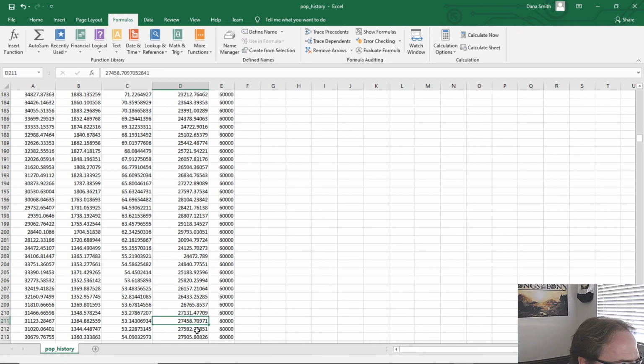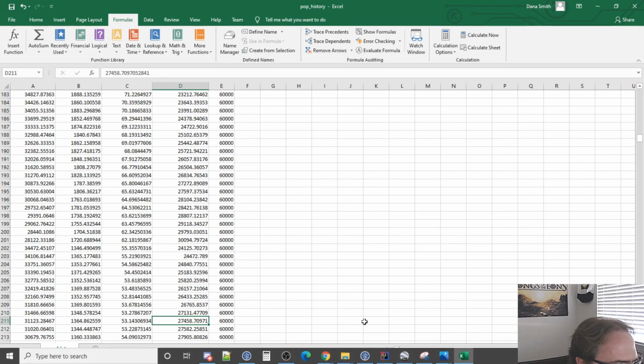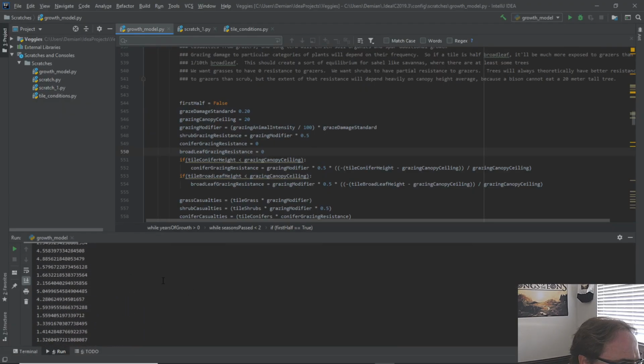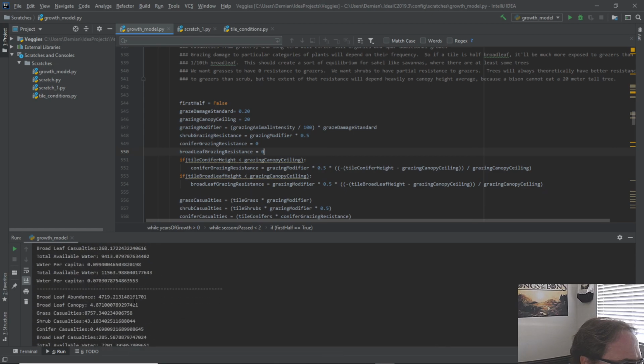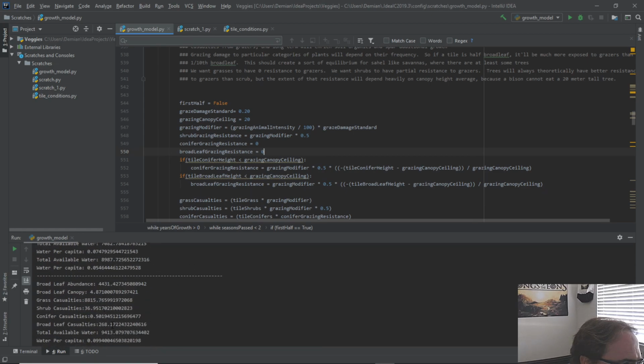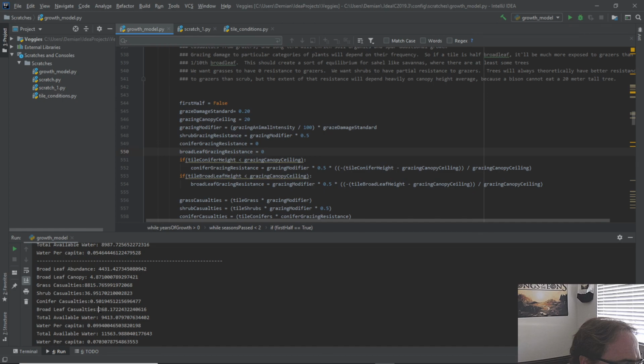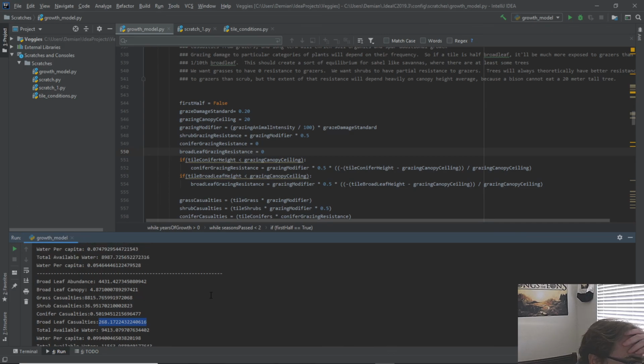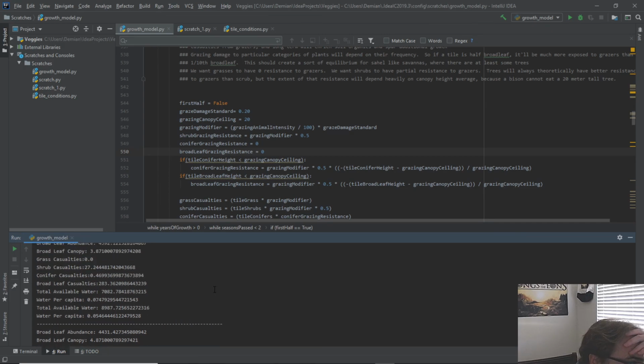Where's the herbivory? We saw in our log we have casualties of 268, right? So if growth, this only occurs half the time, right?